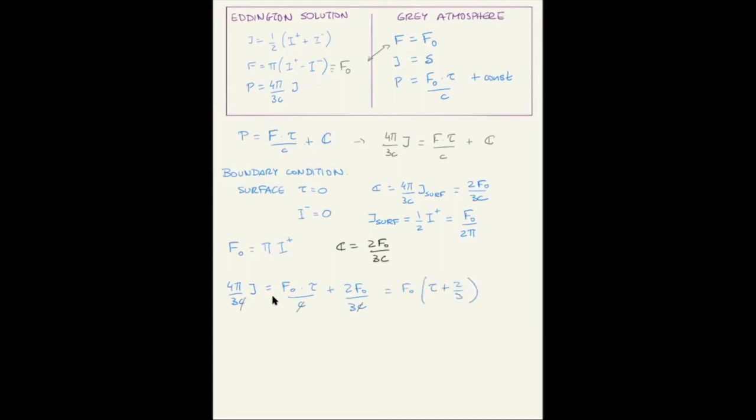Now write the flux as sigma times an effective temperature to the 4th power, which is the flux that is emanating from the surface. So this equation then becomes J is equal to 3 times the Stefan Boltzmann constant over 4 pi times the 4th power of the effective temperature times tau plus 2/3. And because the second equation of the gray atmosphere states that the mean intensity is the source function, we just found our source function. So let's carry on this result.